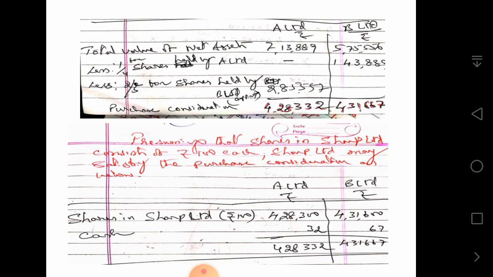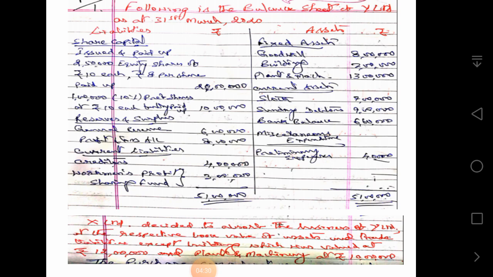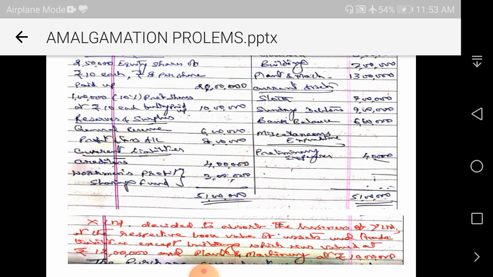Presuming that the shares in Sharp Limited consist of 100 rupees each, Sharp Limited may satisfy the purchase consideration as below. Shares in Sharp Limited of 100 rupees, 4 lakh 28,300 for A, and 4 lakh 31,600 for B. For the fraction, 32 rupees cash is paid, whereas for B Limited cash of 67 rupees is paid for the fraction. For A, the entire amount is given in shares only.